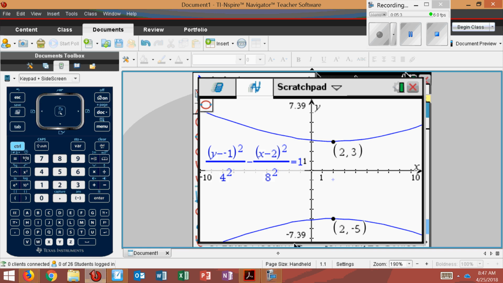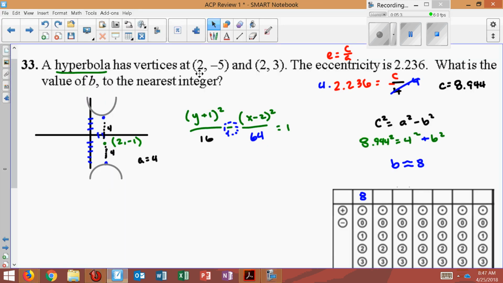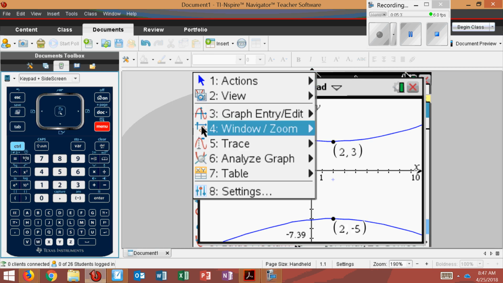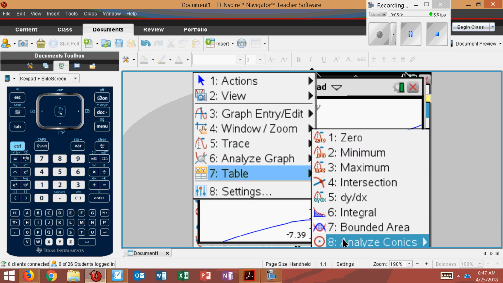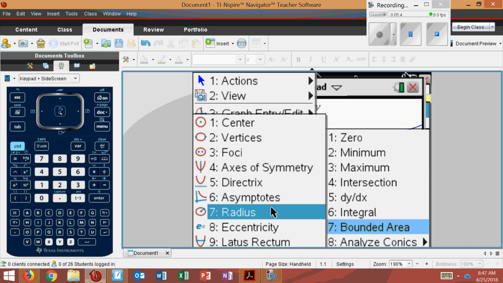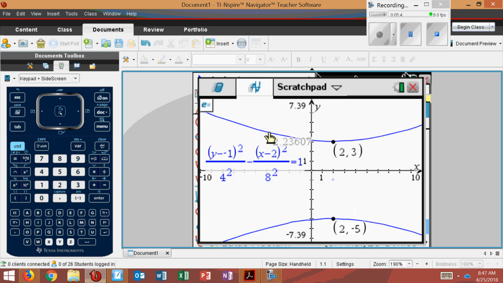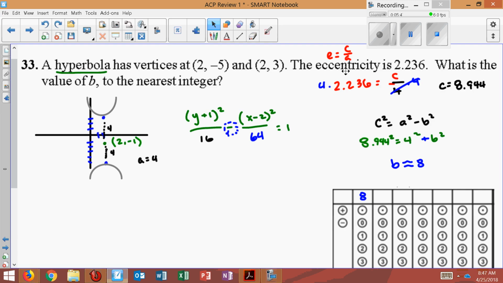Were they supposed to be (2, 3) and (2, -5)? (2, -5), (2, 3), that looks good. And the last thing we need to check is the eccentricity. So Analyze Graph, Analyze Conic, and I click eccentricity, and I do get 2.236. So it worked.